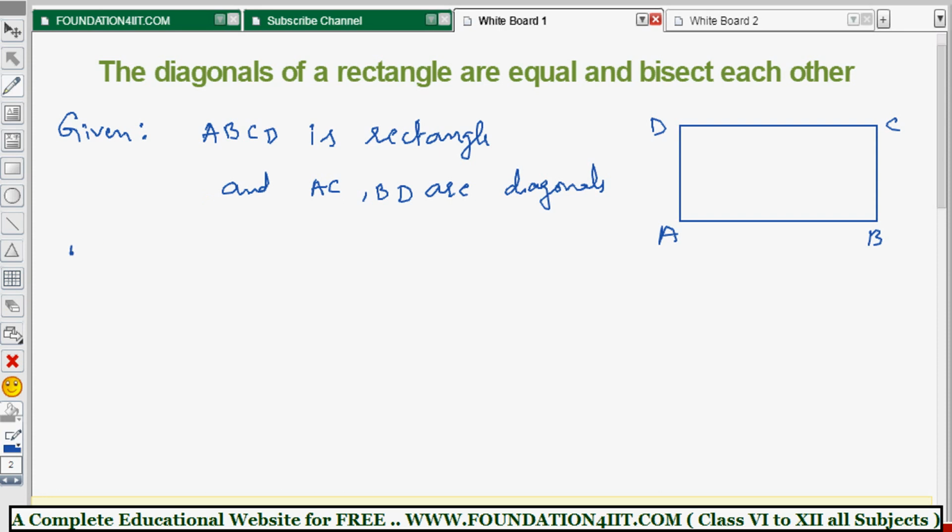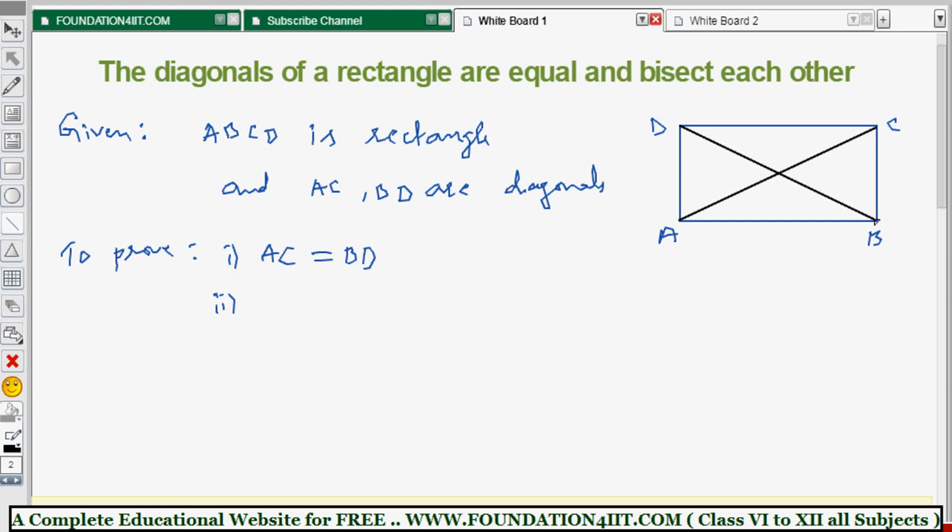So we need to prove, according to the theorem, diagonals of a rectangle are equal. So diagonals are here AC and BD. So AC you should prove equals BD, and they bisect each other. Bisect each other means at the same time I need to prove that, taking the diagonals, A to C is one diagonal and D to B is another diagonal, and they intersect at O. So they bisect each other.